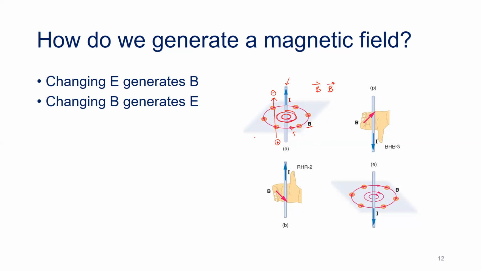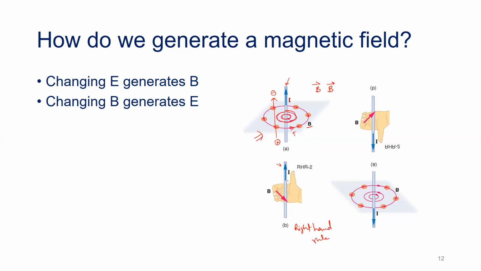So how to understand this concept here? Again, use your right hand. Imagine you have this current carrying wire. The direction of the arrow shows the current direction, and we will use the right hand rule.